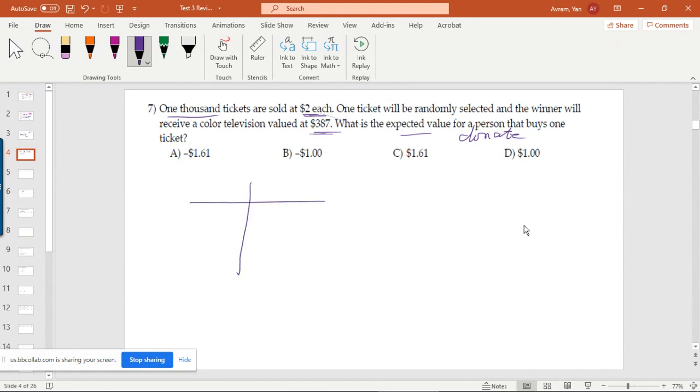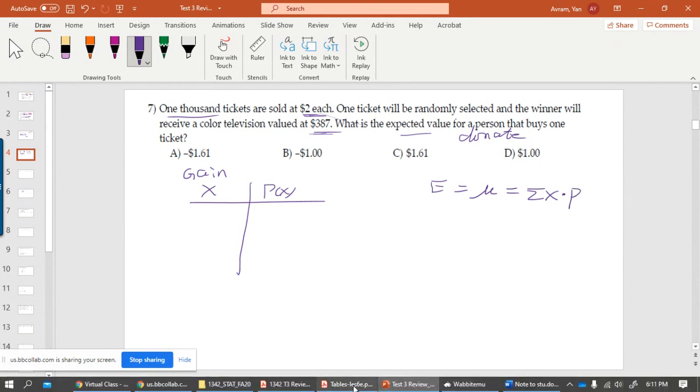So we're going to have to set up the table using the probability. This table uses the gain and then the probability. The expected value is actually equal to the mean, right? And the mean for the discrete probability is the sigma of x times p, okay?